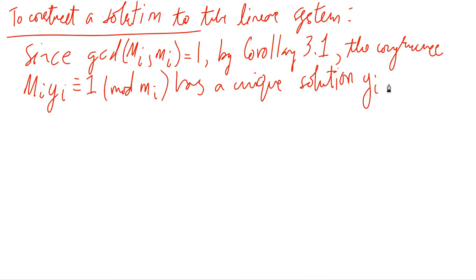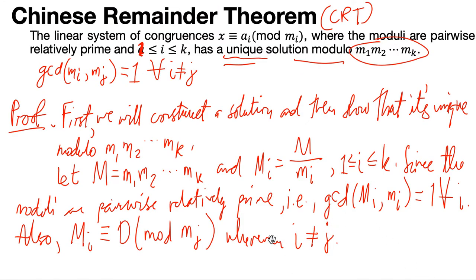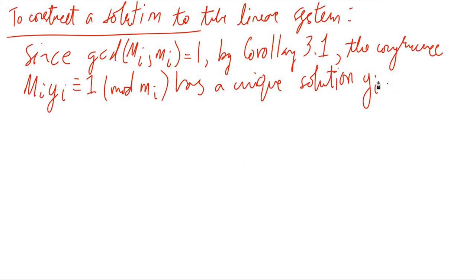With that in mind, we also need to recall that in the previous statement we have big M sub i is equal to 0 mod m sub j, so we're going to be using that later.